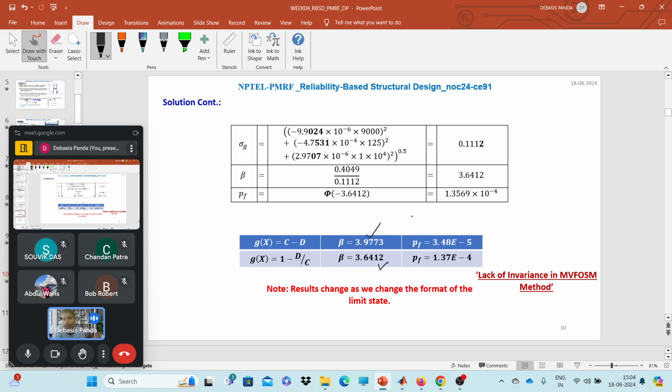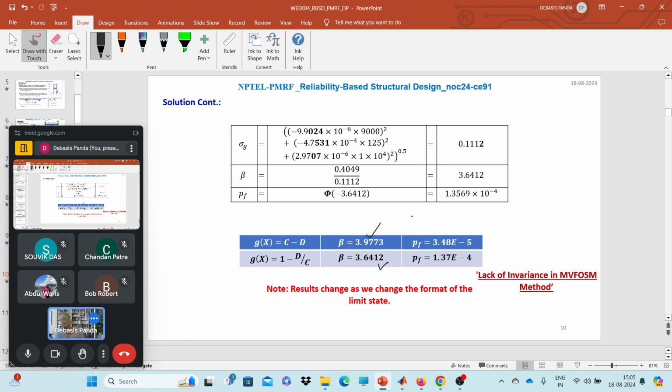That is because of two reasons. We considered the mean point as the reference point for the Taylor series expansion, but the design point is not always the mean point, and we truncated the series at the first order term.